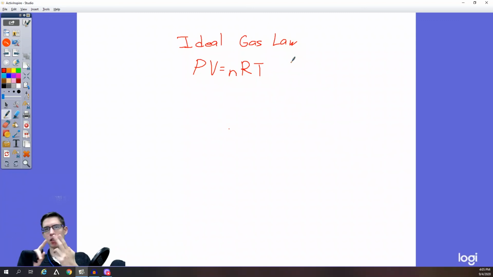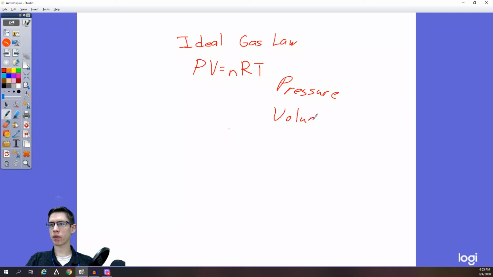That includes oxygen, nitrogen, helium, any kind of gas. And the P stands for pressure, V stands for volume, T stands for temperature. N and R are a constant thing together for any given gas.